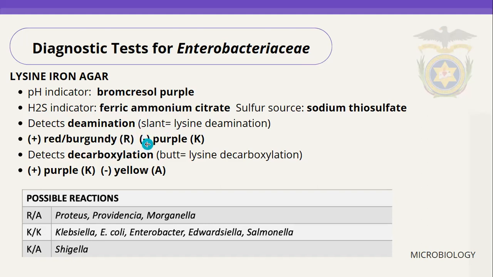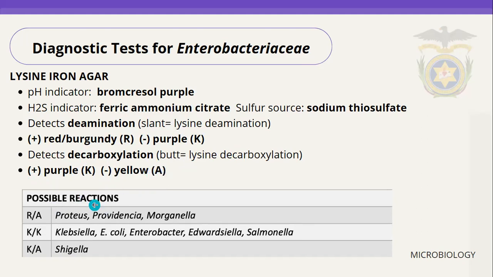If it's negative, it's purple, or K. Decarboxylation appears in the butt, and the positive result color here is purple, represented by the letter K, and the negative reaction is yellow, represented by the letter A.